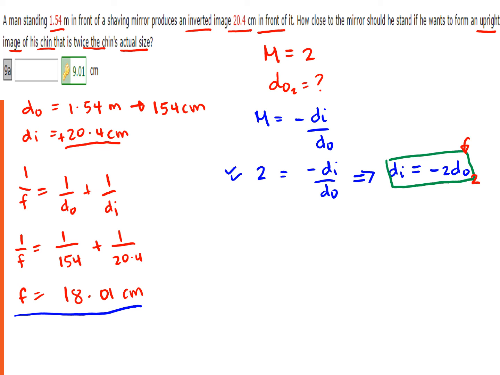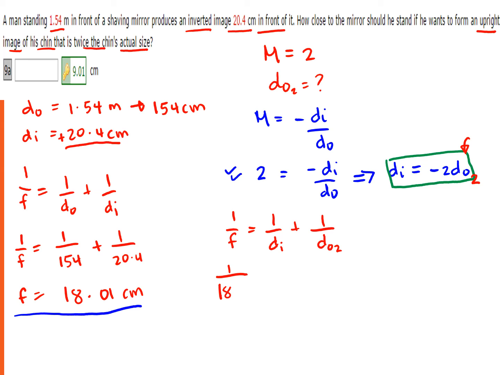So we will use the mirror equation, which is 1 over f is equal to 1 over DI plus 1 over DO2. Now we have our focal length, which is 18.01, so we will substitute that in this equation.